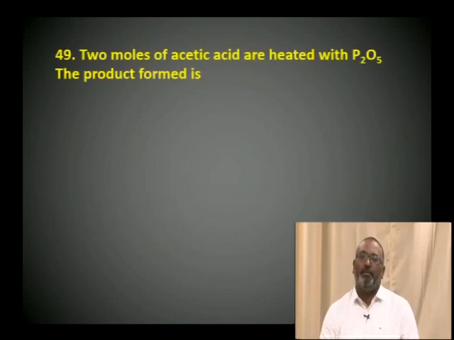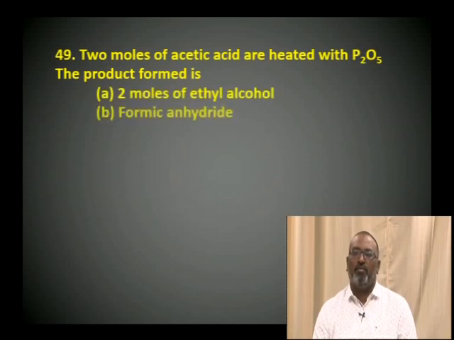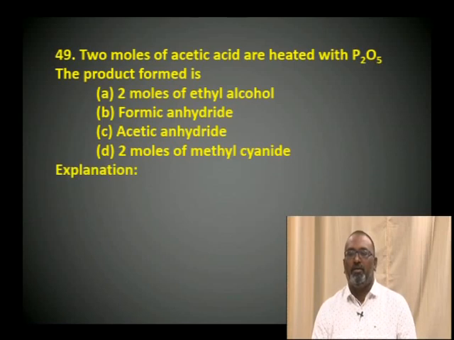Question number 49. 2 moles of acetic acid are heated with phosphorus pentoxide. The product is 2 moles of ethyl alcohol, formic anhydride, acetic anhydride, or 2 moles of methyl cyanide. So here 2 moles of acetic acid are heated with P2O5.